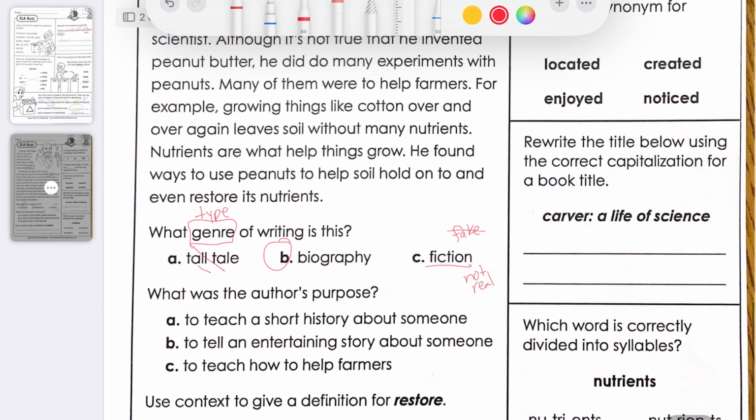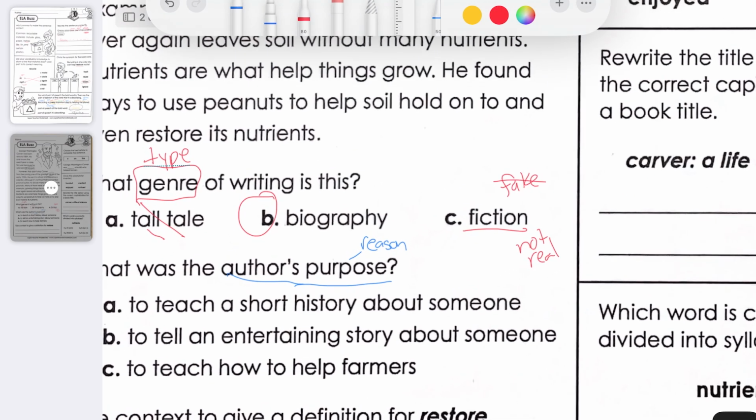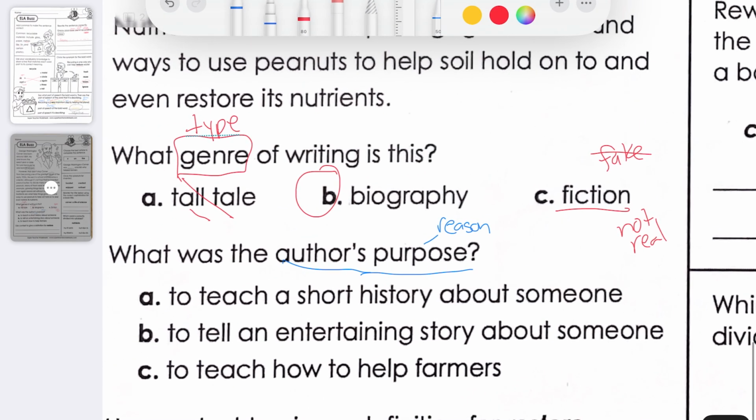Okay, what was the author's purpose? Author's purpose. So like, what was the reason why they wrote this? To teach a short history about someone, to tell an entertaining story about someone, to teach how to help farmers. Now, some people might say, oh, it's an entertaining story. It's interesting. Okay, this one really wasn't a story though.